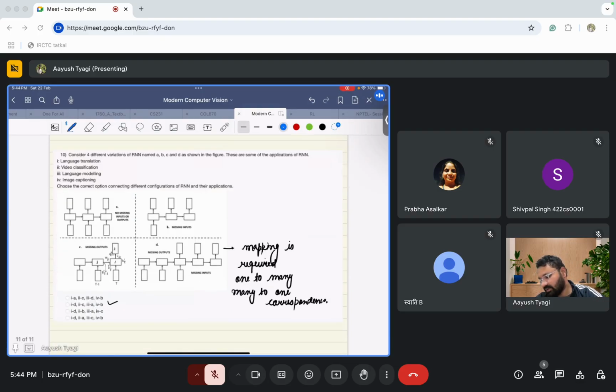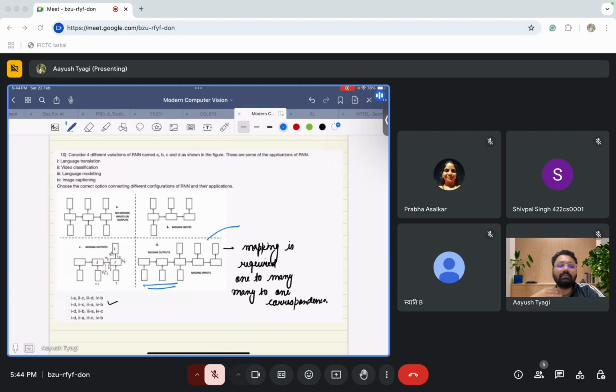Consider four different versions of RNN, A, B, C, D. There are some applications of RNN. For language translation, it can be a many to one or one to many mapping.